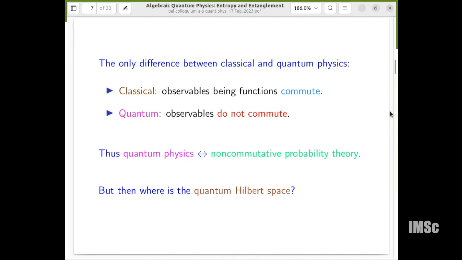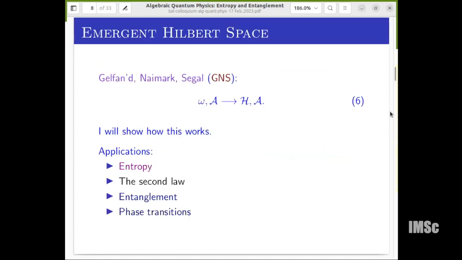Where is that Hilbert space? I would say the extraordinary discovery of how to recover the Hilbert space from this data, from a state on an algebra, coming from Gelfand and Naimark, and later adapted to quantum theory by Irving Segal, is quite extraordinary and quite fundamental. And somehow they are dominating this algebraic quantum field theory.